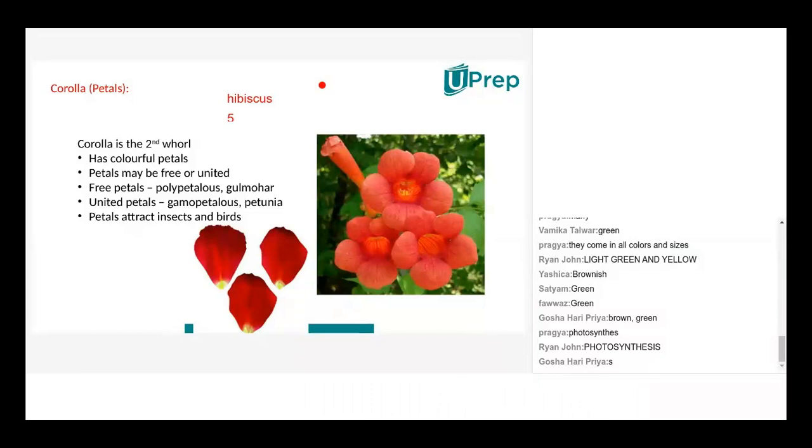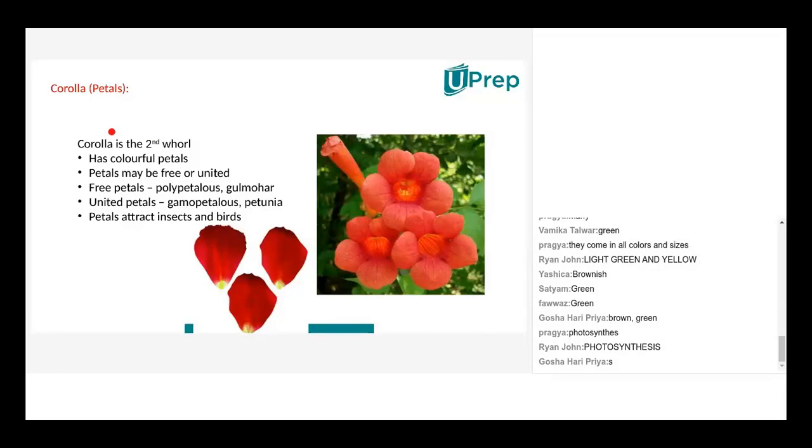There are certain hibiscus which have 5 petals, certain which have 10 petals, and certain which have 20 petals. So there are various types of flowers with different kinds of arrangement of petals.